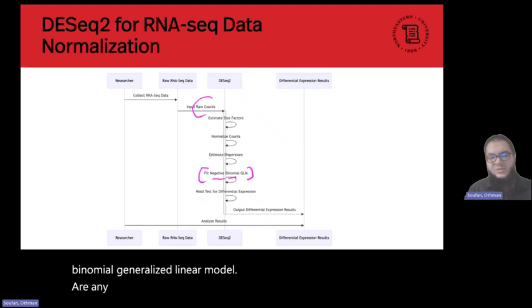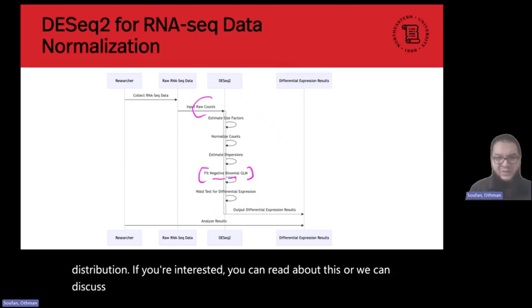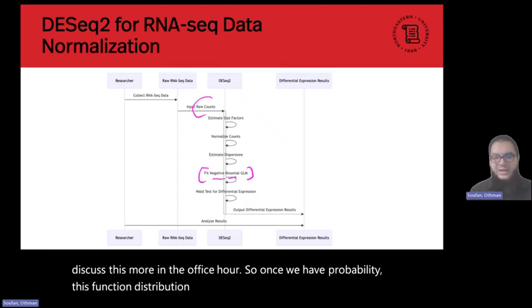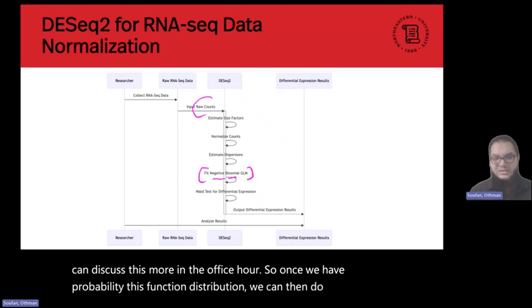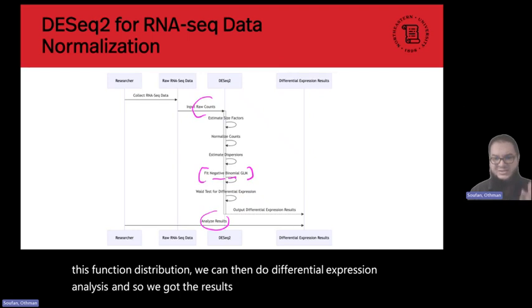RNA-seq data generally follows the negative binomial distribution. If you're interested, you can read about this, or we can discuss this more in the office hour. So once we have the probability density function distribution, we can then do differential expression analysis, and so we got the results.